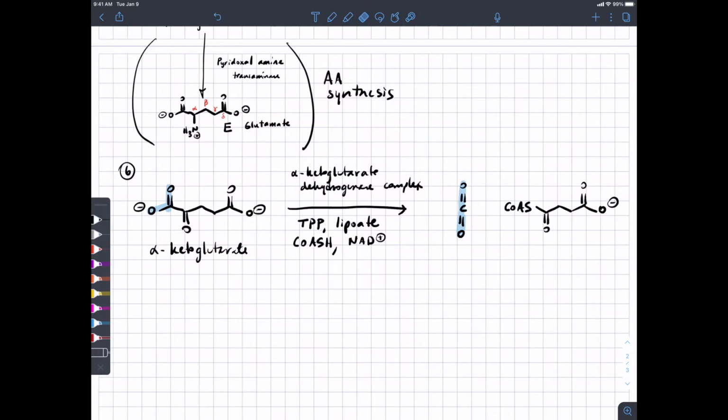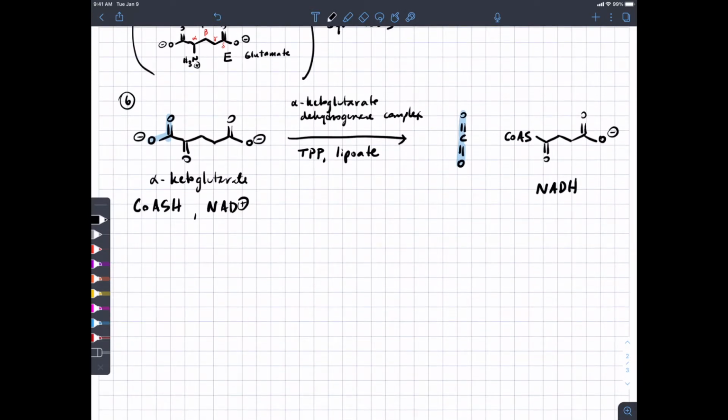I'm sorry, I guess I should put coenzyme A as a reagent because it's not like a catalyst, it's consumed in the reaction. So let's put coenzyme A here. Let's also put NAD plus here, and we'll get NADH out. All right?